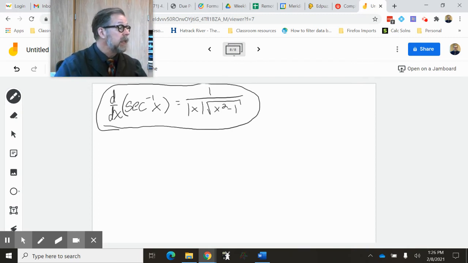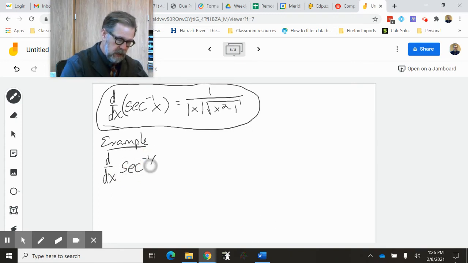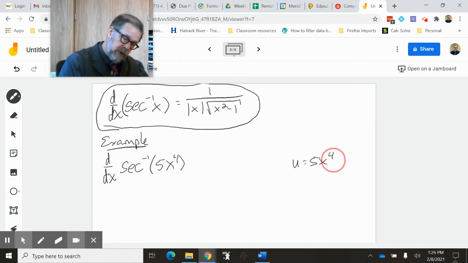So let's look at a quick example. Let's find the derivative with respect to x of arcsecant of 5x to the fourth. So we'll let u equal 5x to the fourth. The derivative of u is 20x cubed.